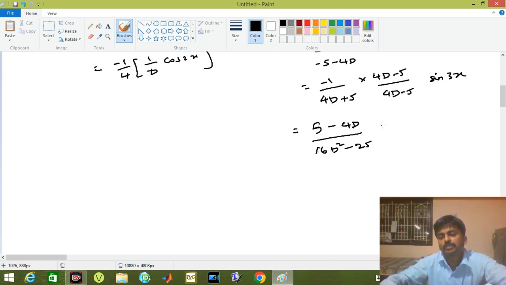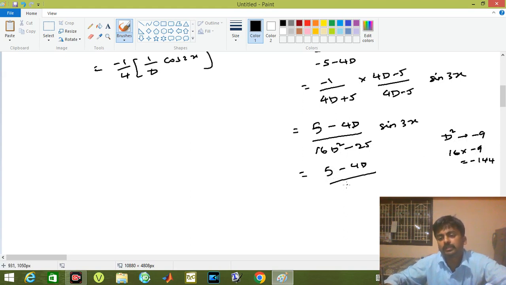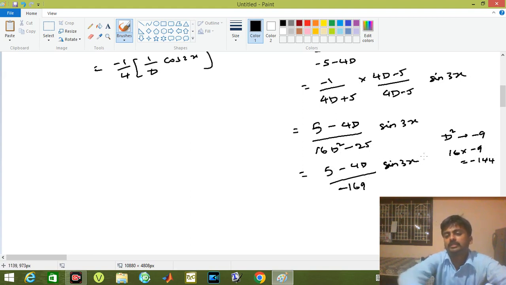So 5 minus 4d of sin 3x divided by, you have to replace this d square by minus 9. So it is minus 144. 16 into minus 9 is minus 144, minus 25 is minus 169, of sin 3x.